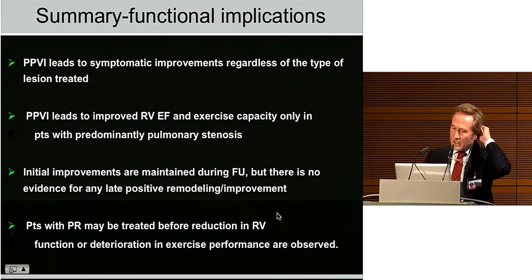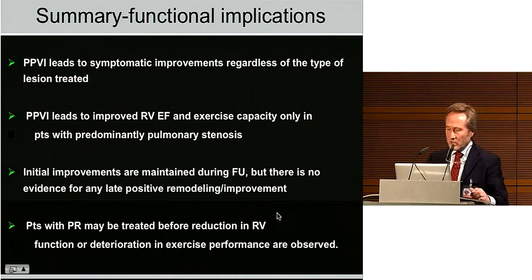Well, in summary, percutaneous pulmonary valve implantation leads to symptomatic improvement in the vast majority of patients, regardless of the type of lesion treated, stenosis or regurgitation. However, the adaptation and improvement in right ventricular parameters are certainly more pronounced in patients having stenosis instead of pure regurgitation.